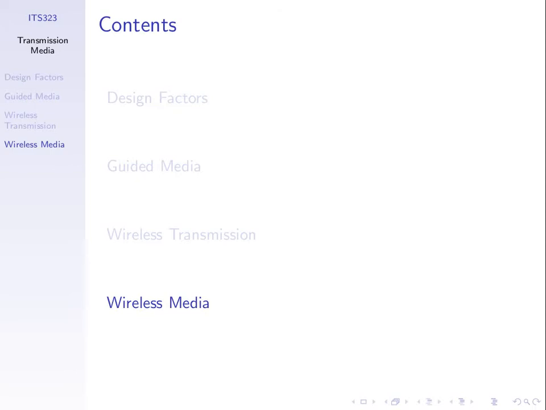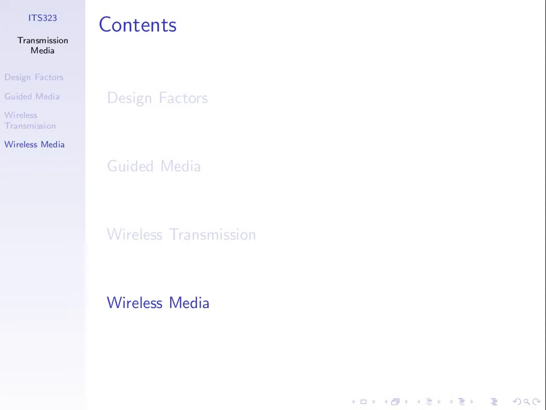Okay, other wireless technologies then. TV remote. People use the TV remote. What else? GSM, mobile phones. Everyone has a mobile phone.